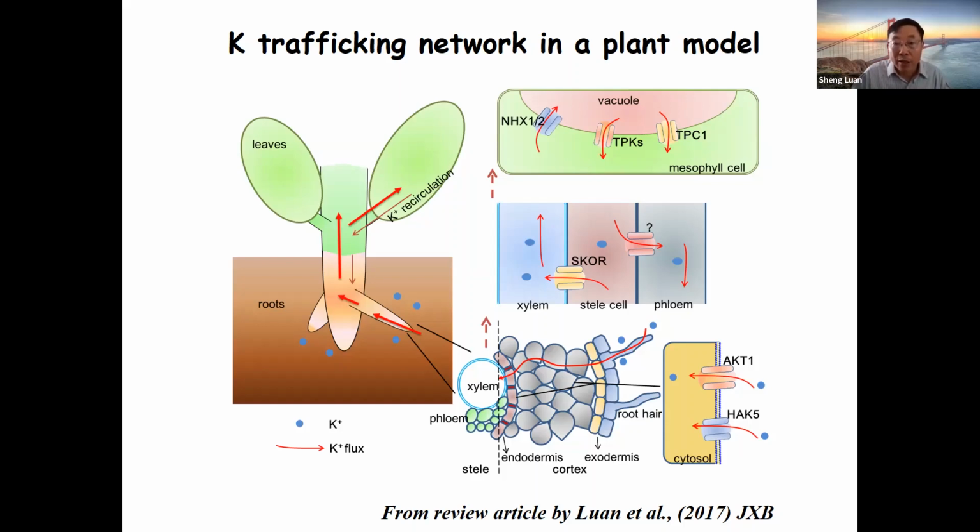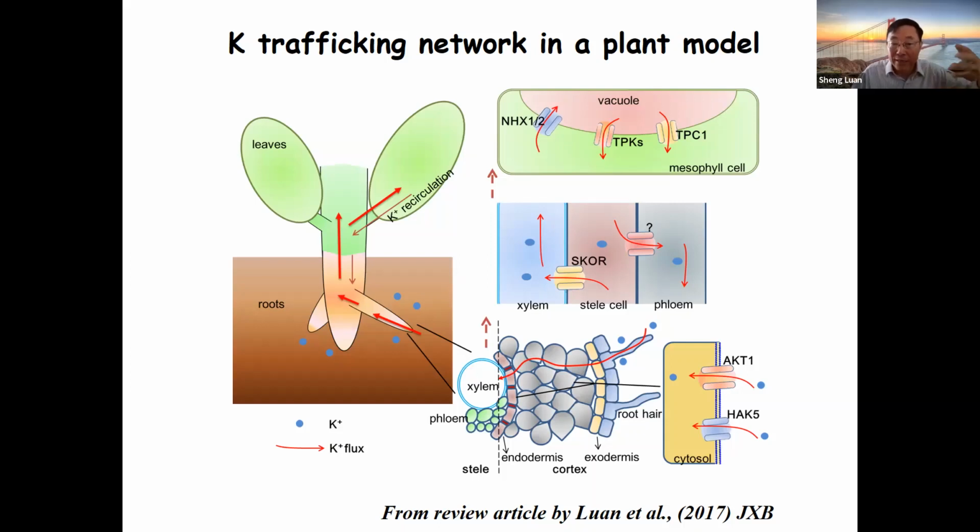I already showed you an example of how the first mechanism is regulated by the CBL-CIPK pathway, and I'm going to show you some real data that the second mechanism, vacuolar potassium remobilization through TPKs, is also regulated by CBL-CIPK, but a different CBL-CIPK pathway.